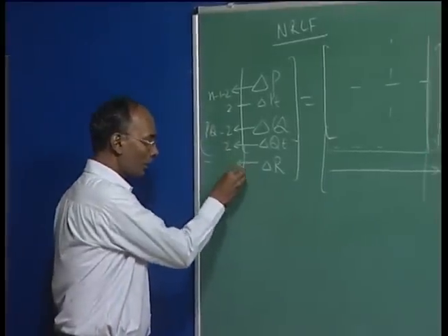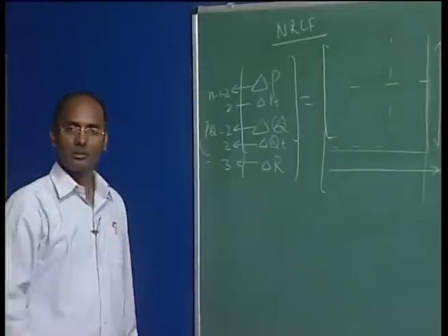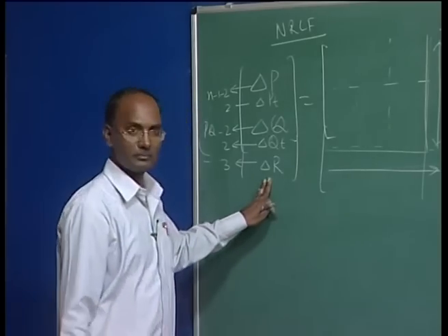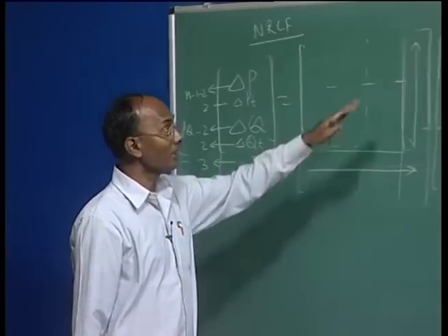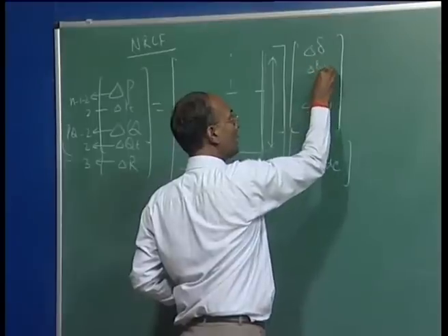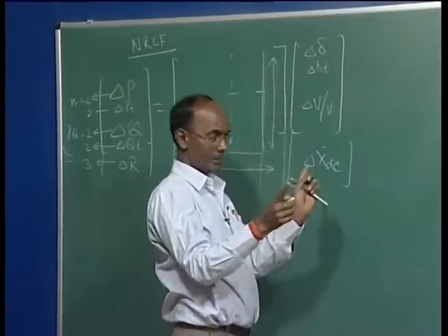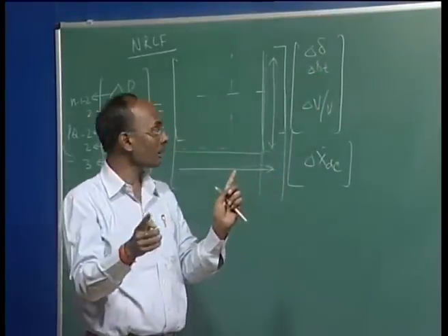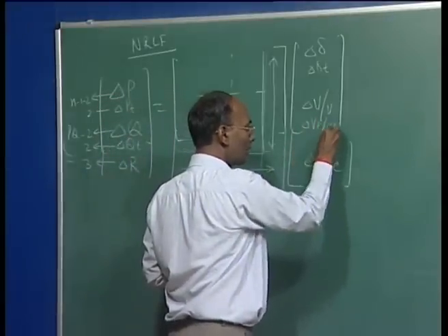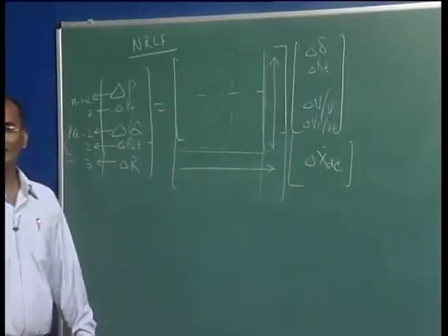Now, you are going to have 3 elements, that is R1, R2 and R3 here. Similarly, here also we have to change. Here we are going to have delta T, the angles at terminal of HVDC. Here also we are going to have Vt divided by Vt, and this is there.